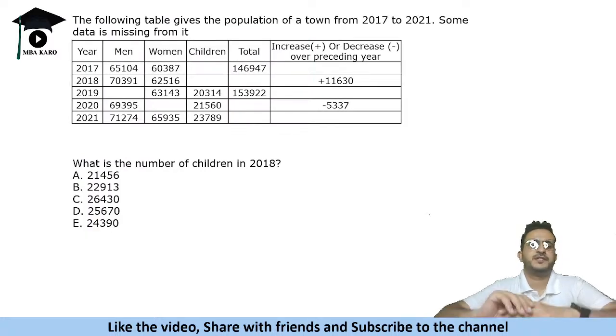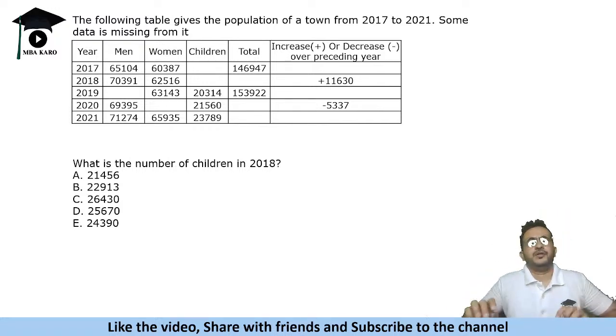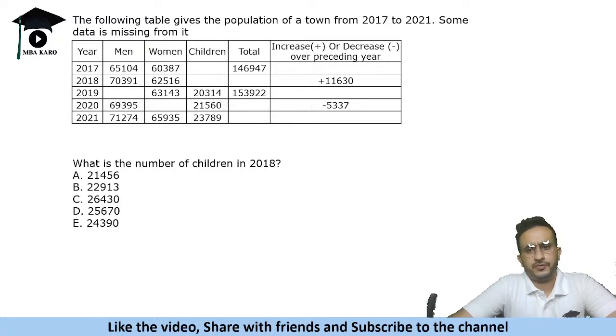So here's the first set that we are going to do. This is a table which gives the population of a town from 2017 to 2021, and some data is missing from it, and you need to fill the data and answer these questions.